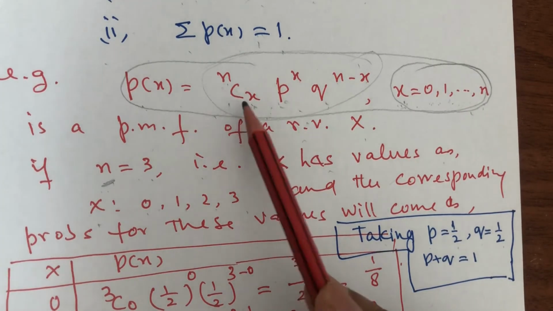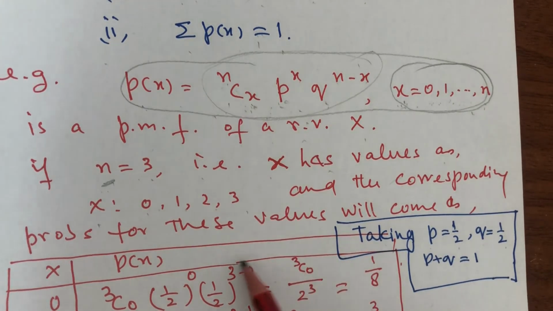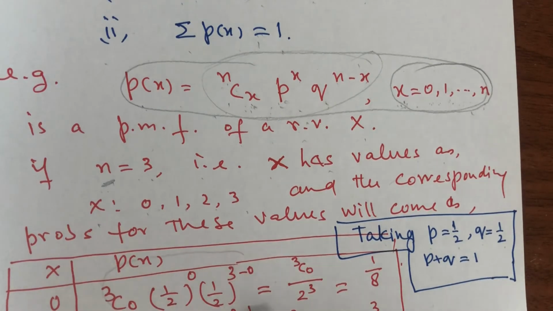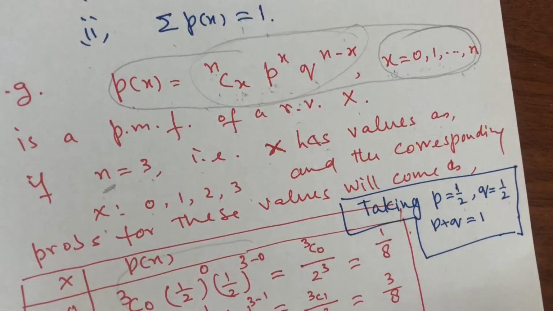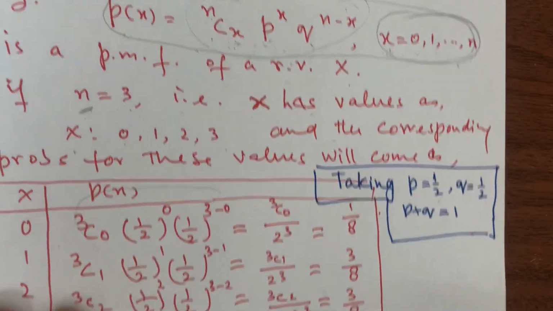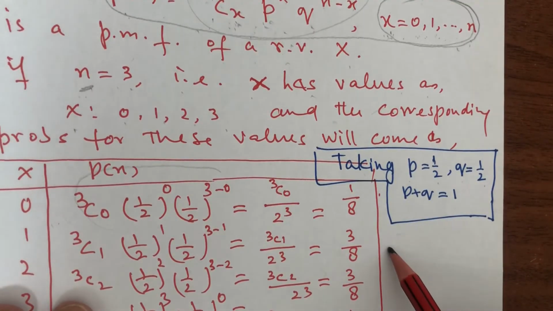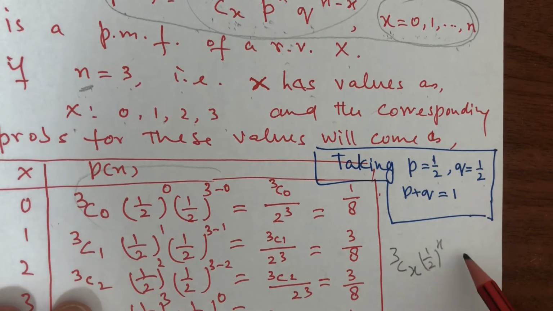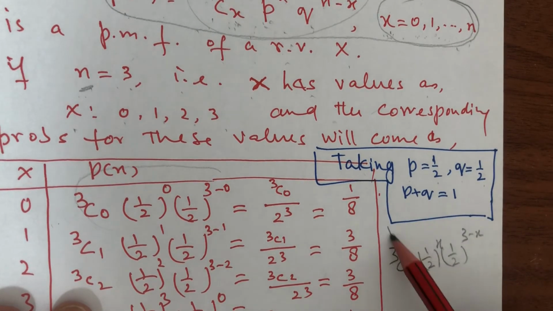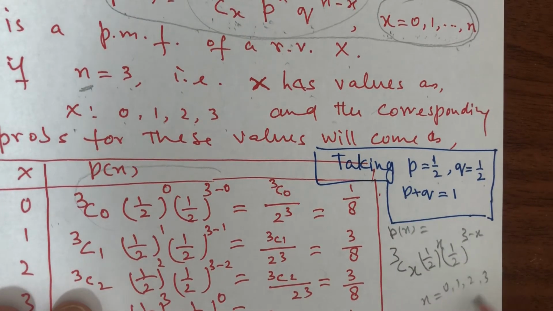With n equal to 3, this is the form of the function: P(x) = 3Cx (1/2)^x (1/2)^(3-x), for x = 0, 1, 2 and 3.